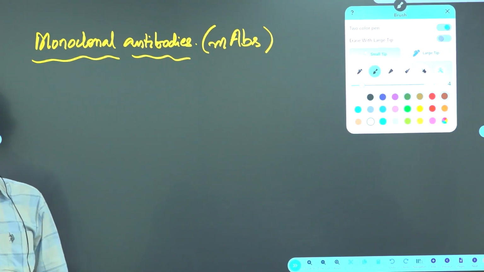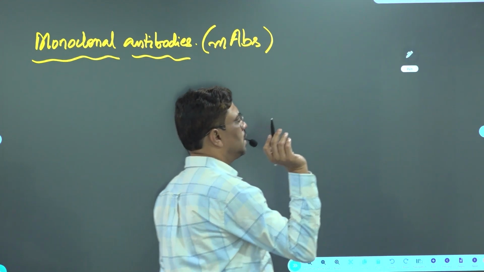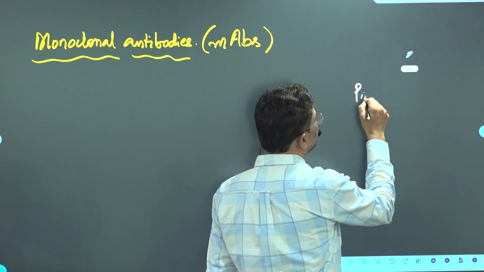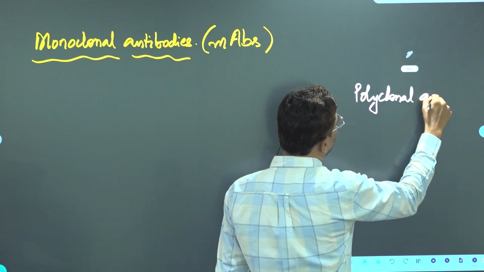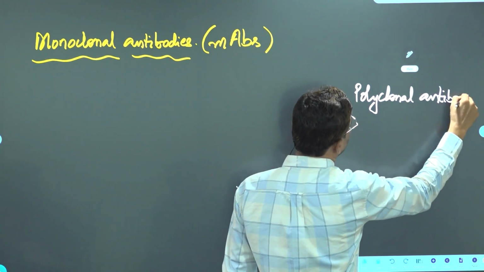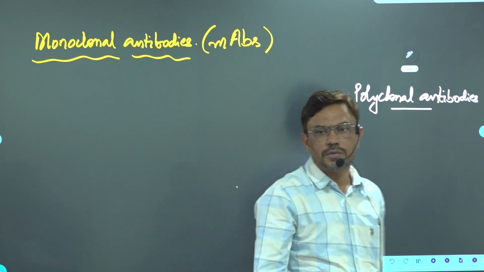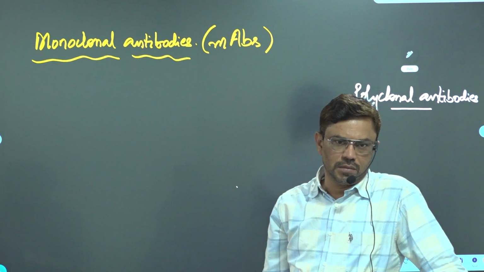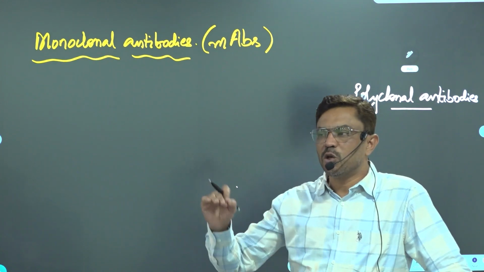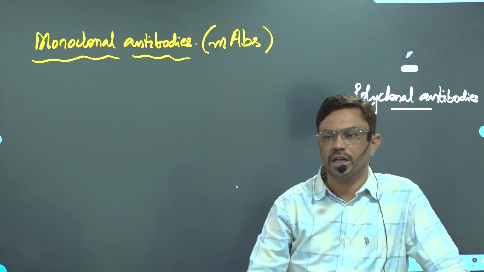So what are monoclonal antibodies? Generally, the antibodies produced in your body are polyclonal antibodies. First of all, what is meant by antibody? Antibodies are the protective proteins which are released by our immune system to fight against the antigens.